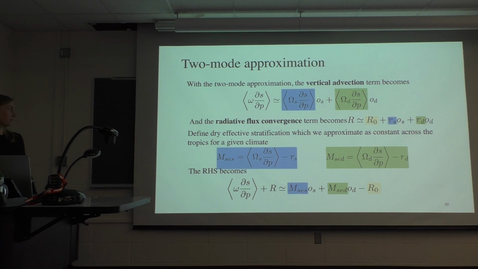When we combine them, the right-hand side of our dry static energy budget looks like this. Now the M has been approximated as a constant. The R naught is a constant from a regression coefficient, and the only thing that has spatial structure here are the omegas.